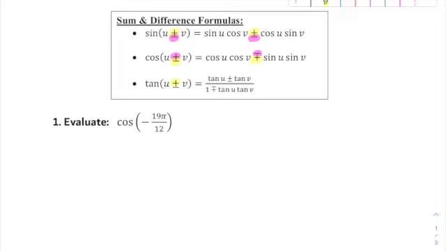Just be careful. Tangent, notice they're all over the place, but if you're doing tangent of u plus v, using the top symbol, then you got to use the top symbol in each of these plus minus expressions here. So use a plus right there, but in the bottom, 1 minus plus means, I got a little messed up there, you got to use the minus there.